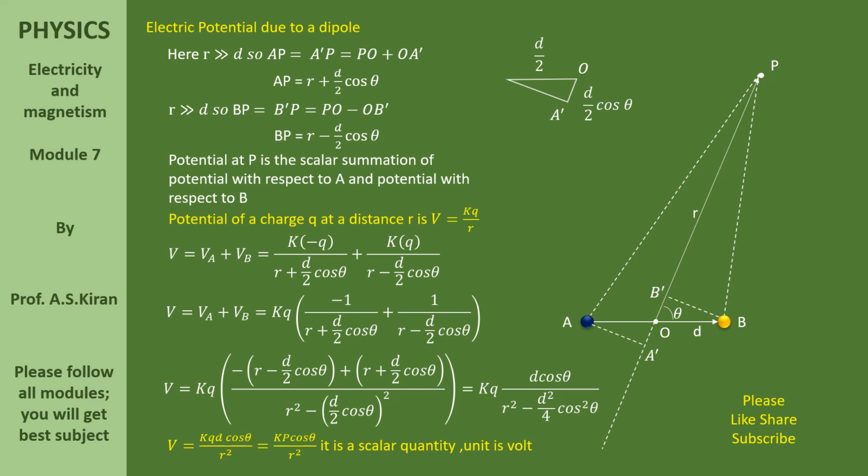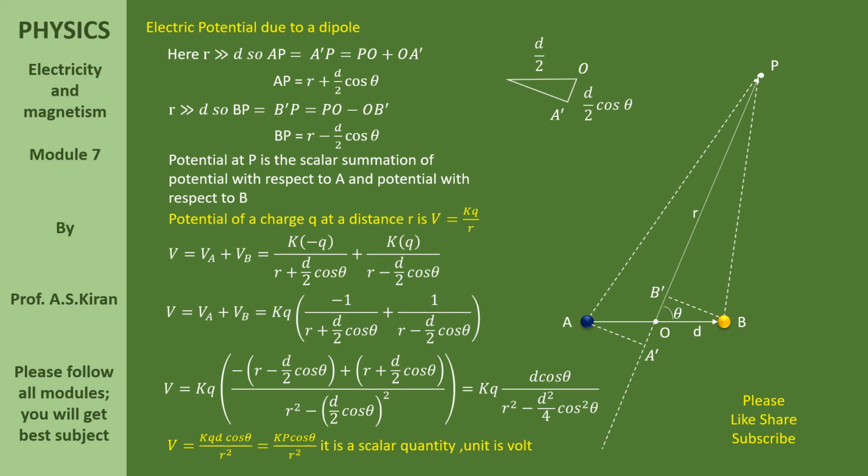That is electric dipole moment, denoted by P. That also can be taken as k p cos theta by r square. It is a scalar quantity. Its unit is volt.